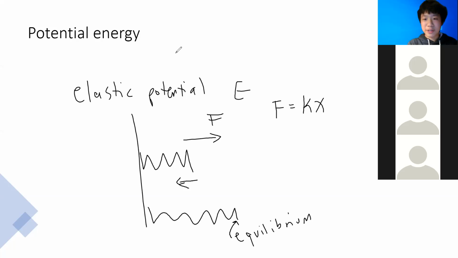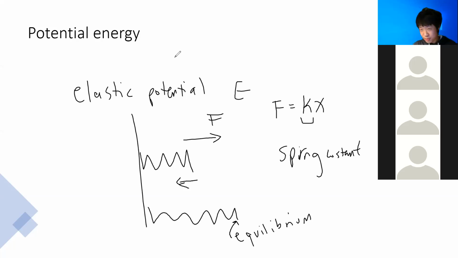So let me break down this formula here. So what is K? K is what we define as the spring constant, or the stiffness of the spring. So what do I mean by stiffness? Well, if you were to take the spring inside a mechanical pen, then it would be very easy to compress because it's very thin, it's very light.